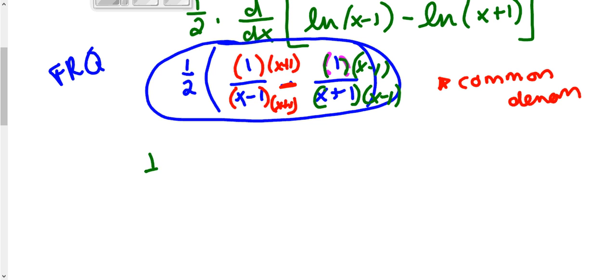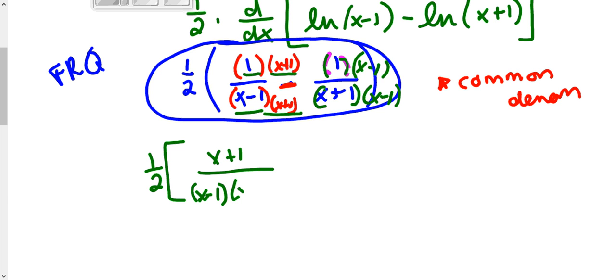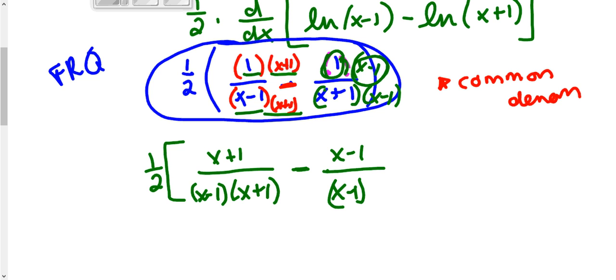So we have 1/2 times 1 times x plus 1 is x plus 1, over, leave this multiplied out, x minus 1, x plus 1. You don't need to FOIL that together. Minus 1 times x minus 1 is just x minus 1, over x minus 1, x plus 1.